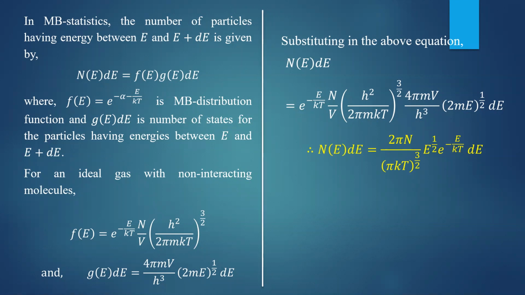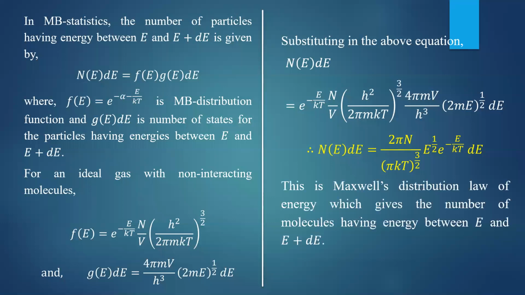So finally, you will get the number of particles present in the system with energy E is given by 2 pi N divided by pi kT to the power 3 by 2 into E to the power half into e to the power minus E by kT into dE. So that is the expression for the number of particles present in the system having the energy dE.